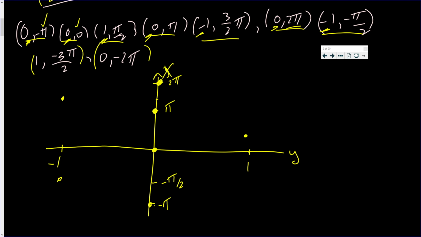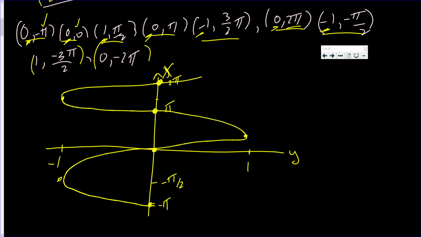And basically what you get is something that looks just like this. And it repeats forever and ever. Now, the problem is this is not a function. If I give you this value, remember, for a function you plug in one independent variable and you're supposed to get back one dependent.